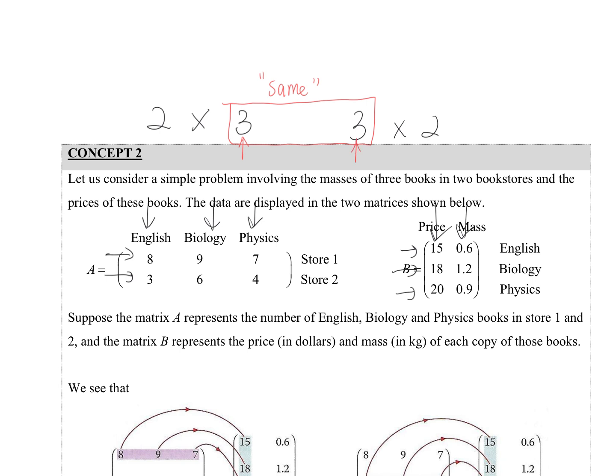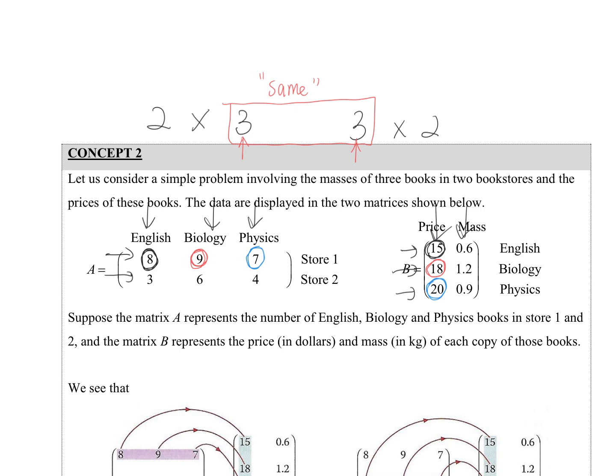Okay, so first thing first. When I want to find the total sales in store 1 for all the books, what you all will do is you will find English books, multiply by $15. Okay. Biology book, multiply by $18. And then physics books, multiply by $20. And then you sum them up. Correct?